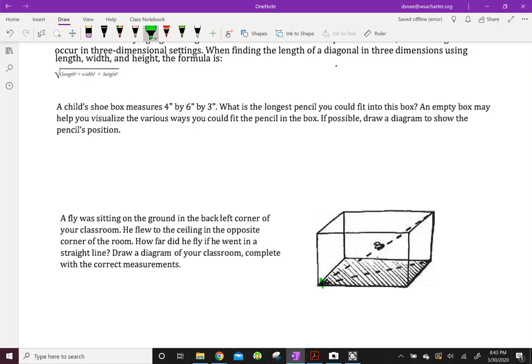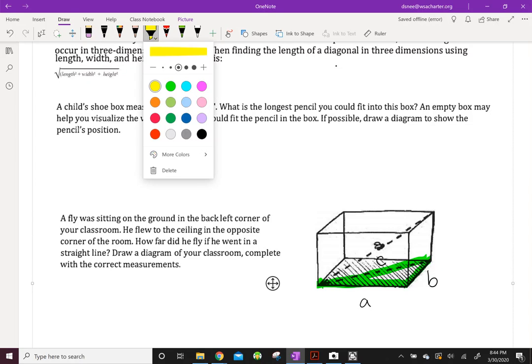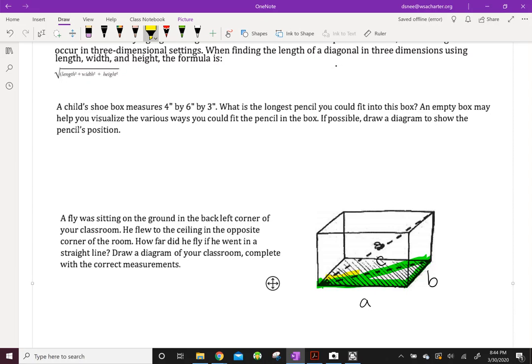Remember, we were just doing this. There's a triangle here across the bottom, and I can first find the hypotenuse. I can find the length of C if I know A and B. And then once I find C, it's just a little review of what we just did, if I know that length and I know this length, then I can find the hypotenuse of that diagonal triangle.